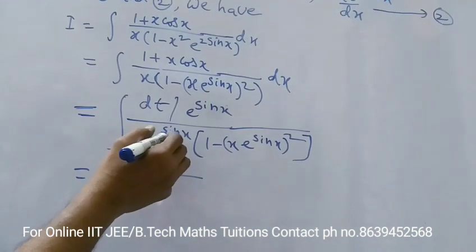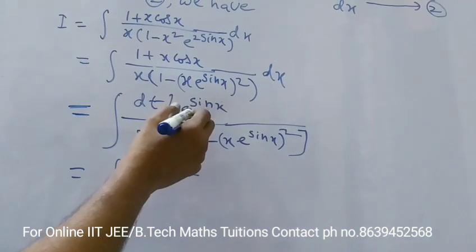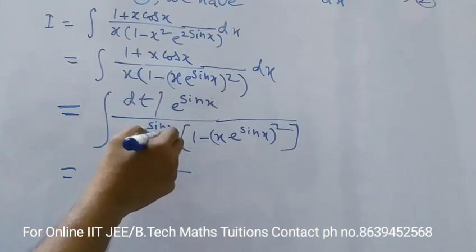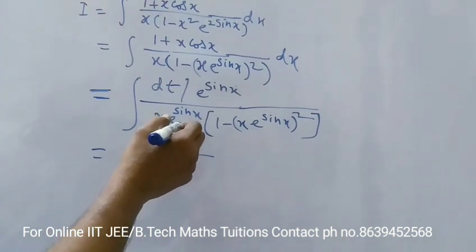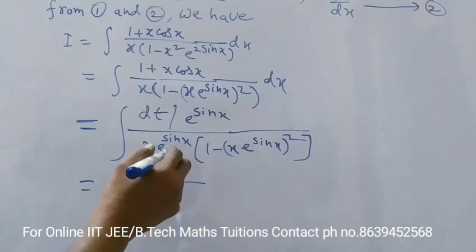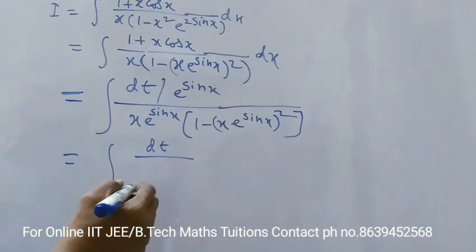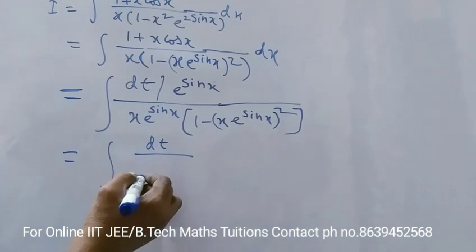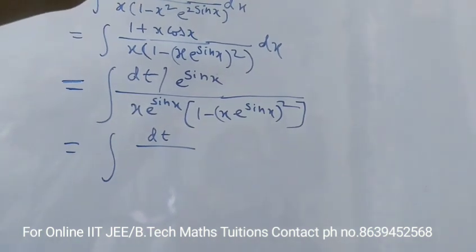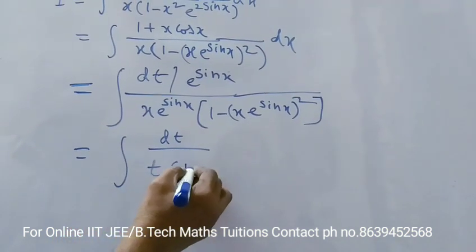So dt by e to the power of sin x becomes dt by x into e to the power of sin x into e to the power of sin x, of 1 minus (x into e to the power of sin x) whole square. After substitution of x into e to the power of sin x is equal to t, we got dt by t(1 minus t square).